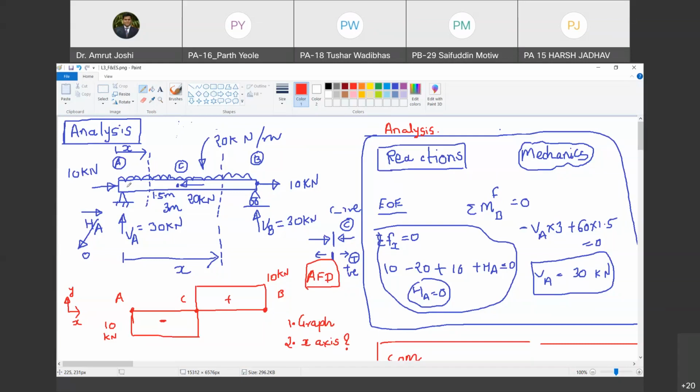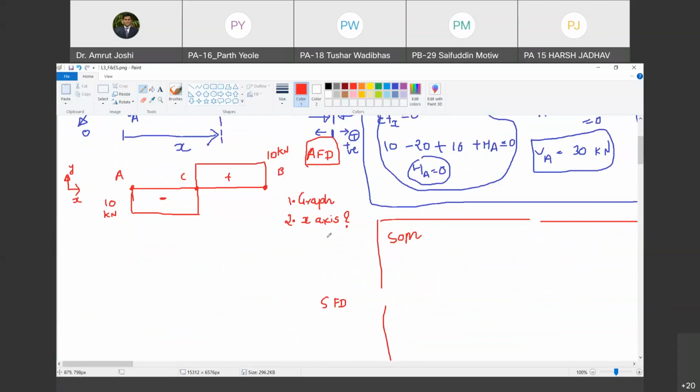So that is what we are plotting on the x-axis. Wherever you are standing, the distance or position of that point with reference to A as a chosen origin is being plotted on the x-axis. Do you agree with me, Parth? Absolutely. Yes.